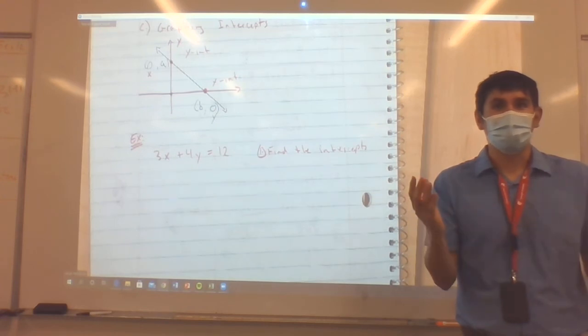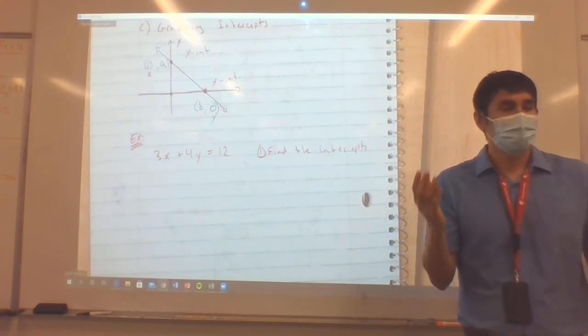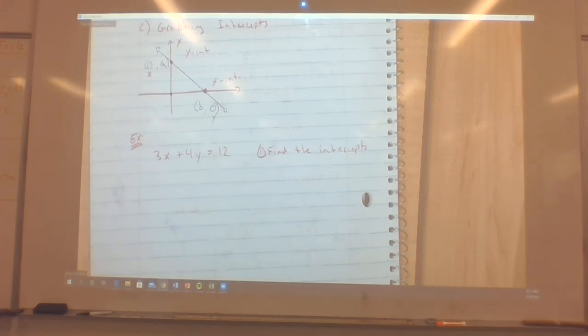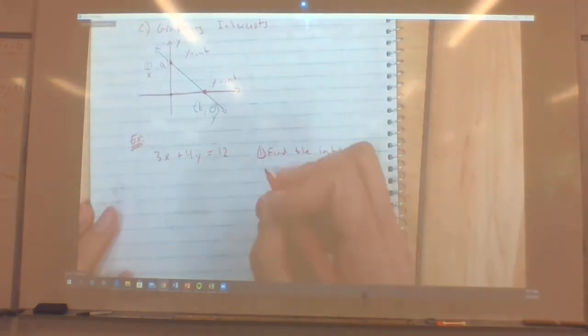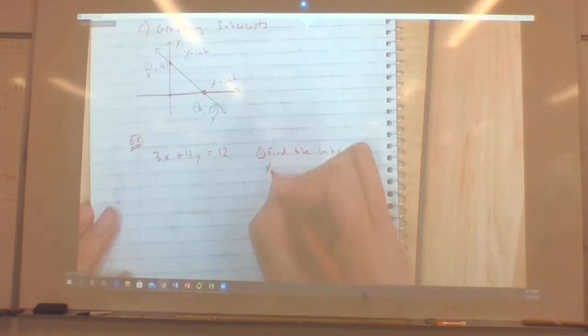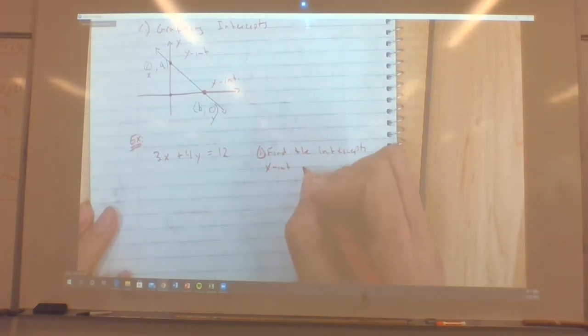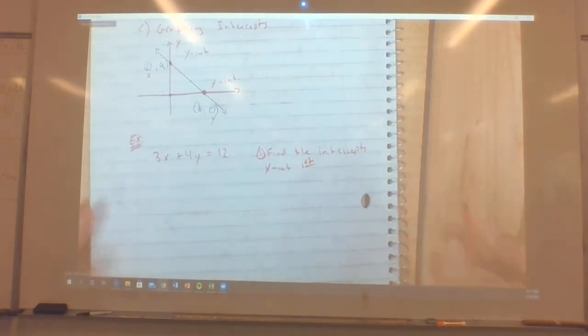X or Y? What do we want to find first? X. All right. X. So we're going to find X-intercept first. If we do that, we're going to set what equal to 0? What are we going to set equal to 0 if we're going to find X?